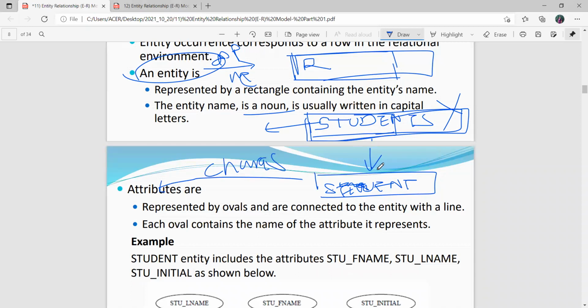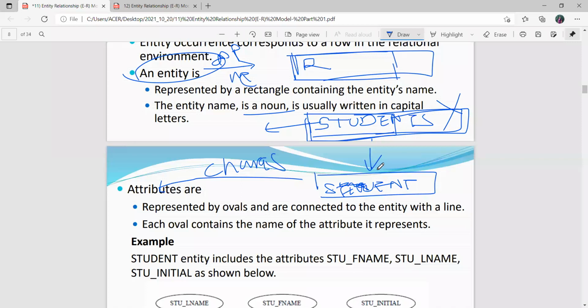Student name, student ID, level, date of birth, and the address. All these are attributes of the student, and we can use these attributes to identify the student.